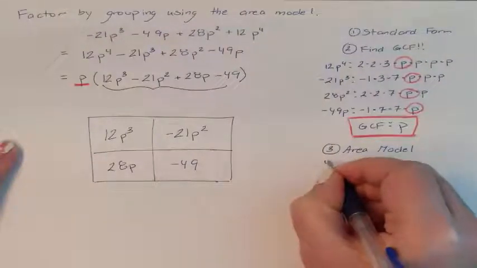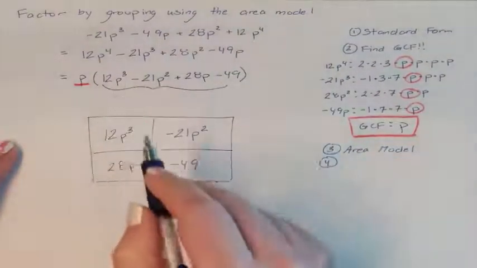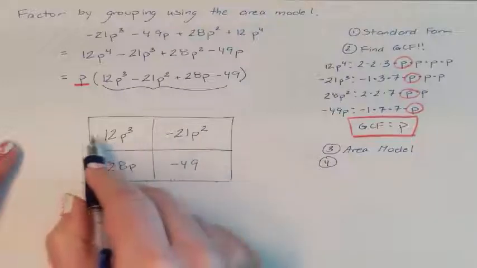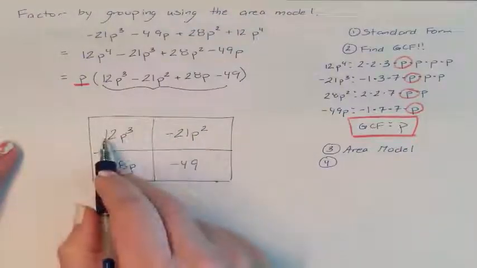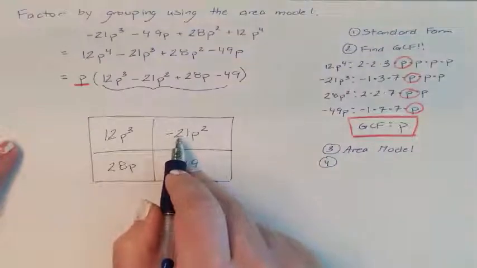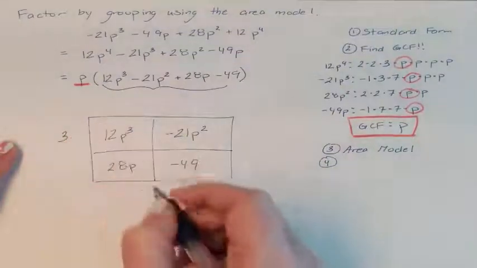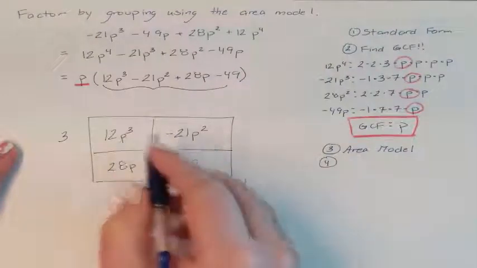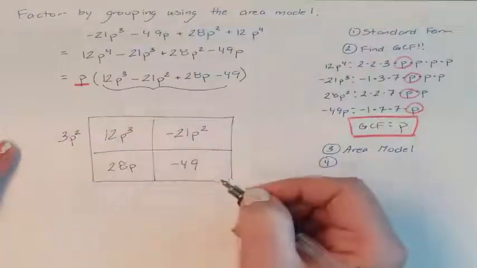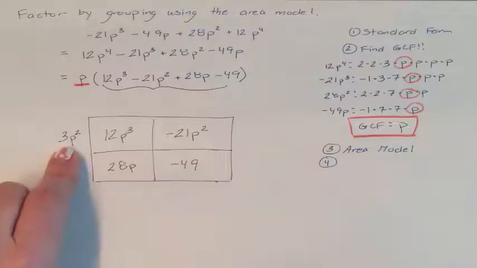And the very next step is just to find one GCF. So I like to do the first row. So 12 and negative 21, the highest number they have in common is 3. If this is p to the 3rd and this is p squared, the highest number of p's they have in common is p squared. I found this one GCF.